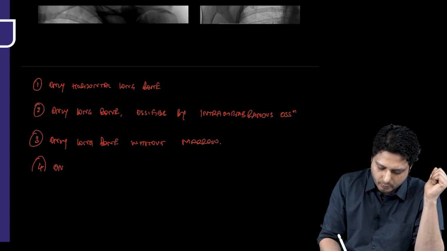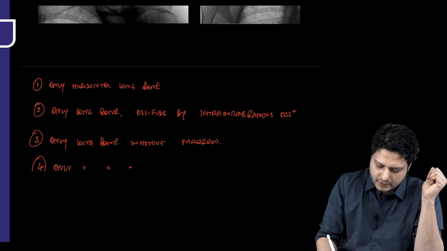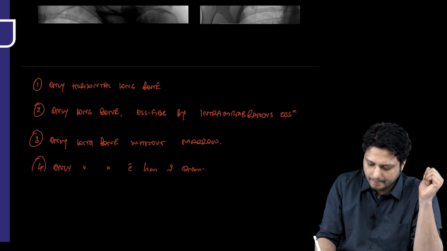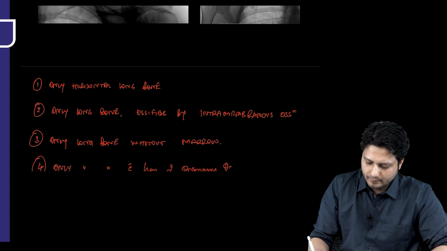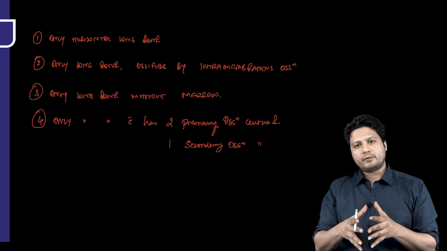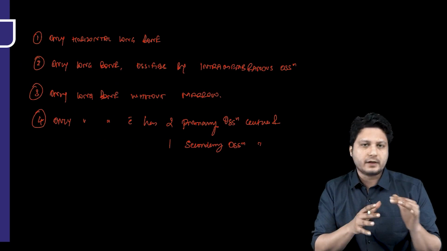So it is the only long bone which has two primary ossification centers and one secondary ossification center. All right. So these are some of the peculiar features of this clavicular bone.